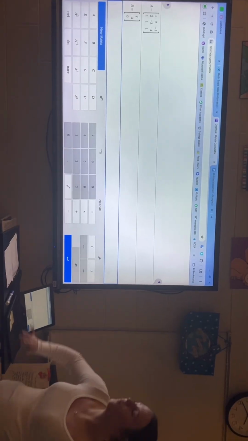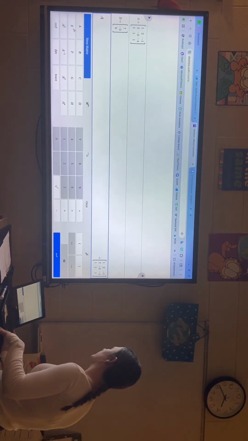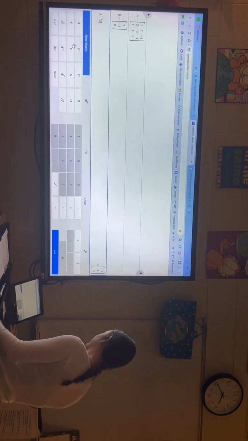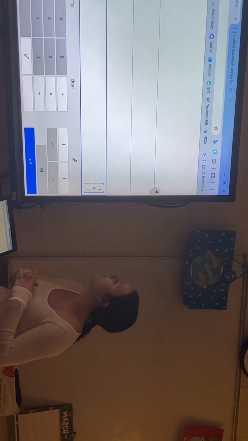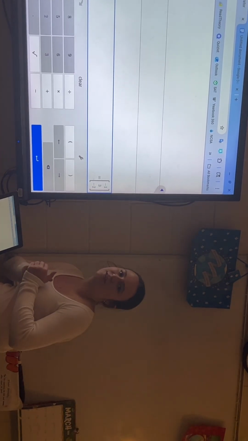When we put it into Desmos, we put A inverse times B. And these are our final answers: X equals -1, Y equals 3, and Z equals -2. So, after this lesson, how would you rate it?